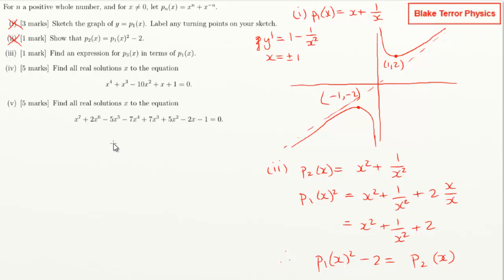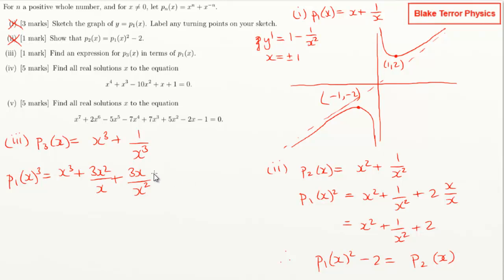Part 3, find an expression for p3 of x in terms of p1 of x. Okay, so p3 of x is x cubed plus 1 over x cubed. I'm assuming we're going to be following a similar pattern to the last one, so let's do p1 cubed. p1 of x cubed is going to be x cubed plus 3x squared over x plus 3x over x squared plus 1 over x cubed.